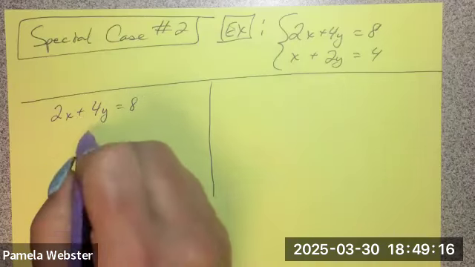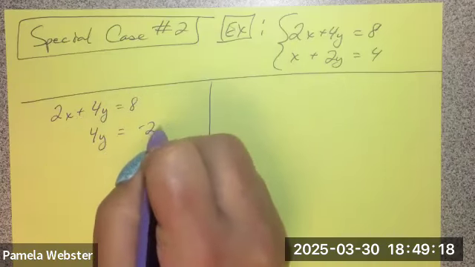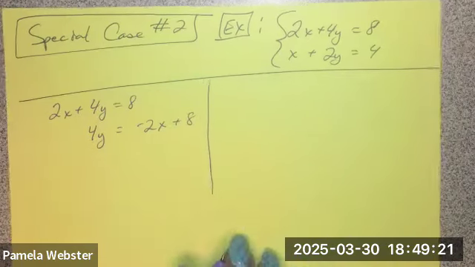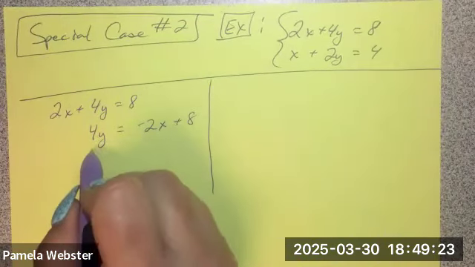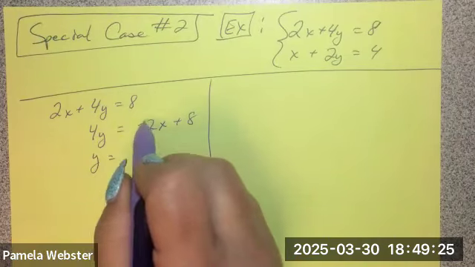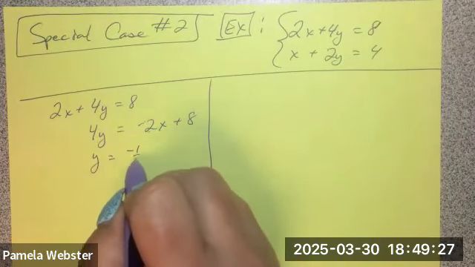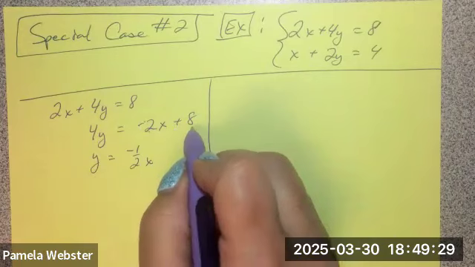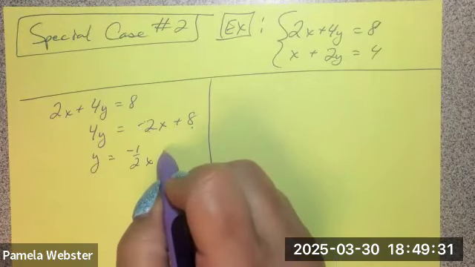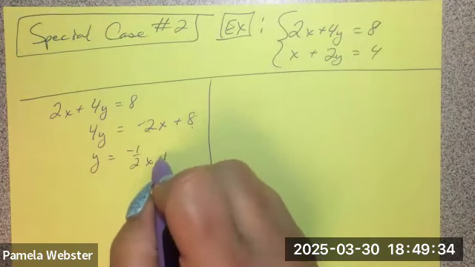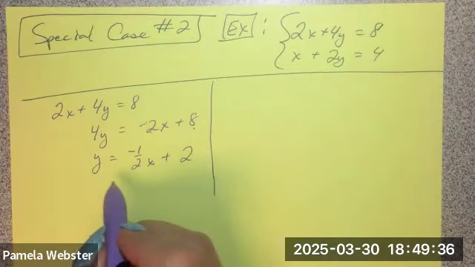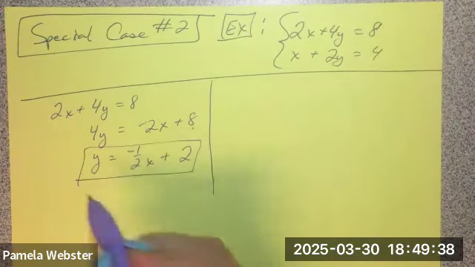You're going to solve these guys for y, just like we've been doing. Okay. Get the y by itself, divide by the 4. Again, negative 2 over 4 is negative 1/2 times the x. 8 over 4, it's a positive 2. Okay, this is what I got.